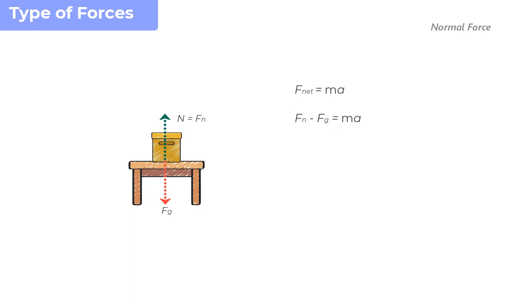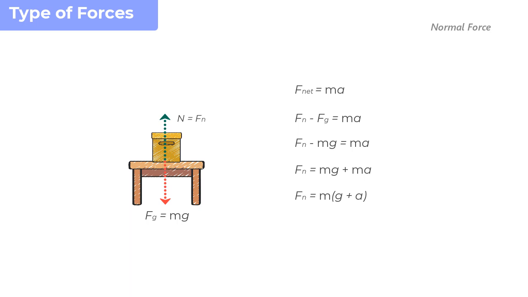And we know that Fg is equal to mg. So if you put mg in this equation, what we get is Fn minus mg is equal to ma. Then Fn is equal to mg plus ma, or Fn, the normal force, is equal to m into (g plus a).